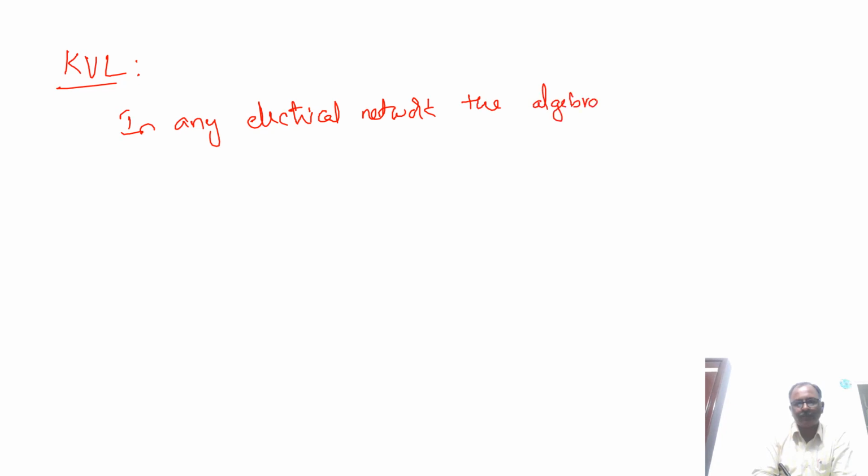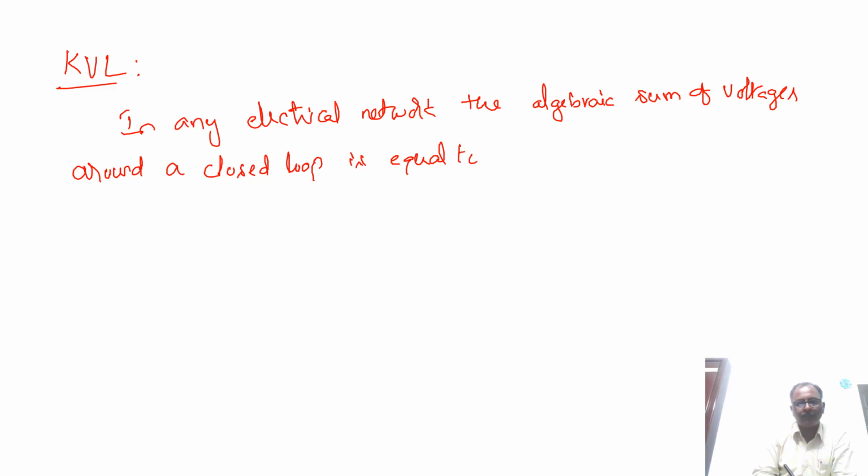It states that in any electrical network, the algebraic sum of voltages around a closed loop is equal to zero. Let us consider a simple example.